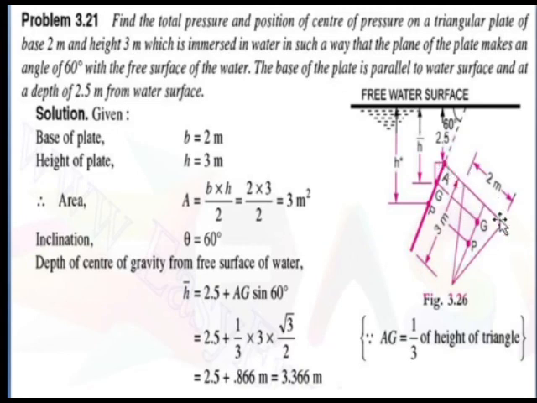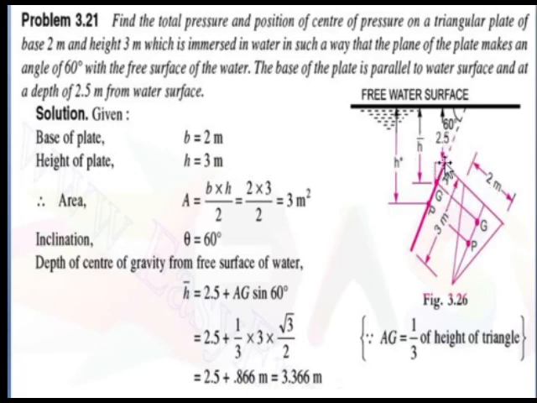So AG is the distance of 1 meter. We know the distance from the free surface of water up to the point A, that is 2.5, already given in the example, but we don't know the distance of this to this point.